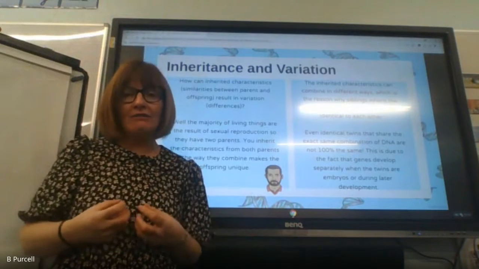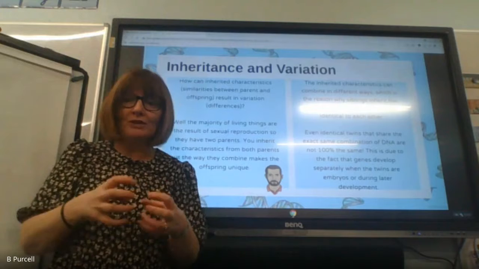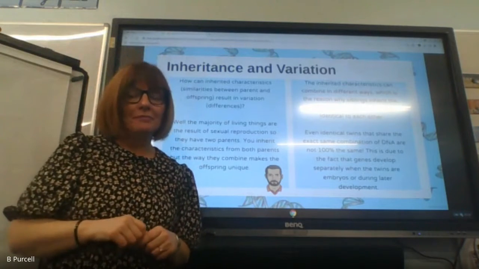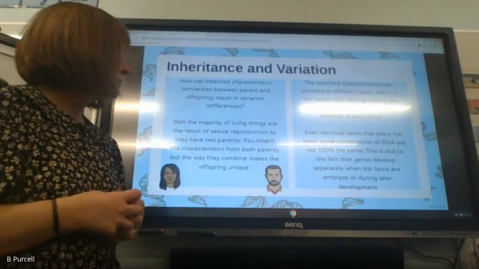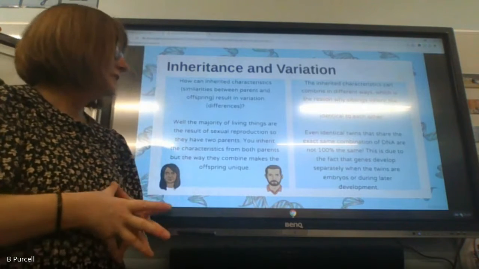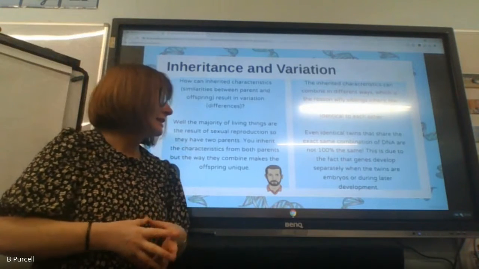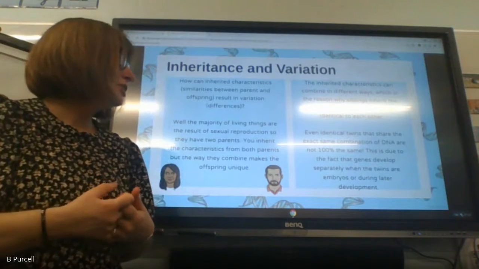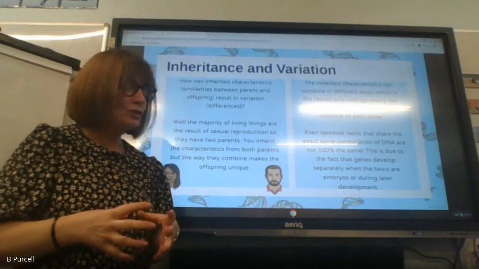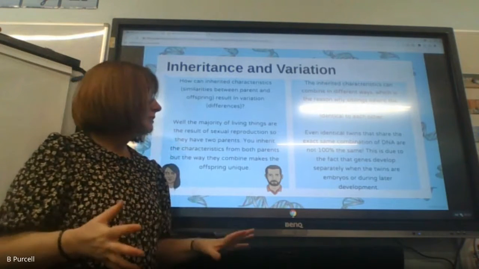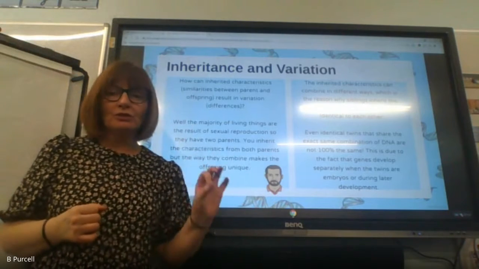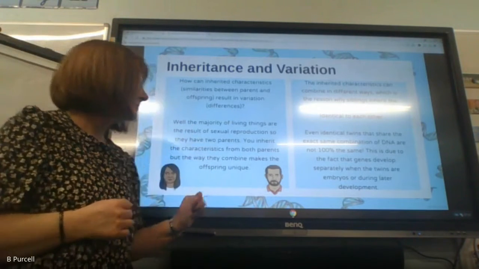It's just that your inherited characteristics are different, but you are still the product of your parents. You are still their offspring. Even identical twins that share the exact same combination of DNA are not 100% the same. This is due to the fact that genes develop separately when the twins are embryos or during later development. So even identical twins do not have 100% the same DNA.